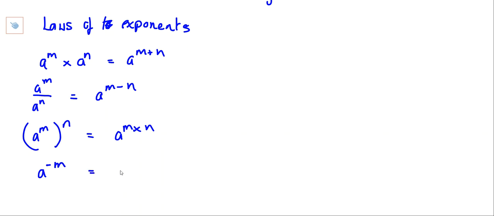Can you just put mn? 1 over a to the m. Okay. You can, but I'm writing it just to do it. Now we do the opposite. So there are some others, aren't there? Yeah. So a to the power of 0 is another important one. Is 1, and so on.